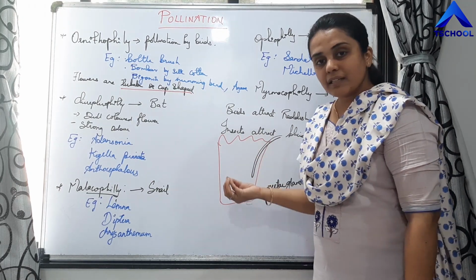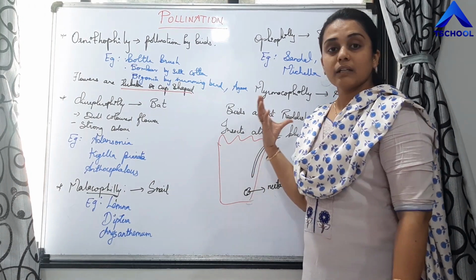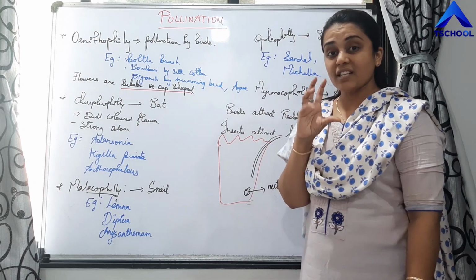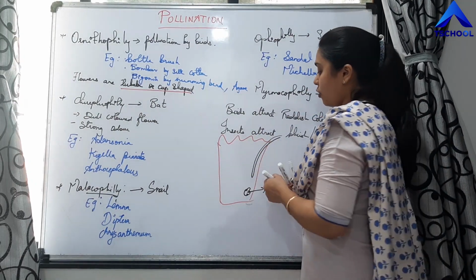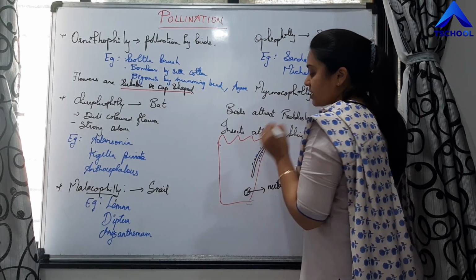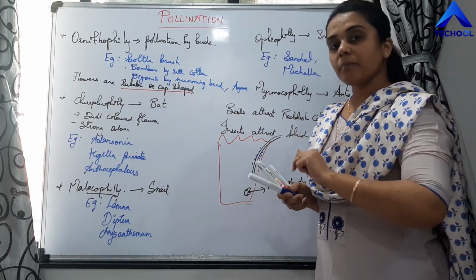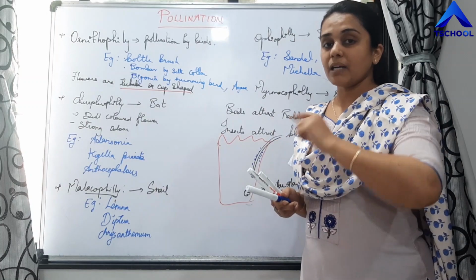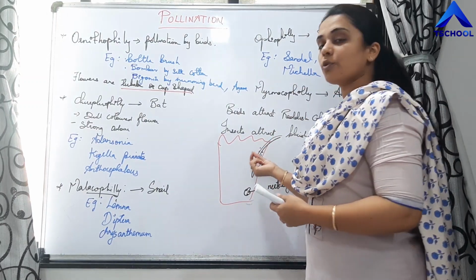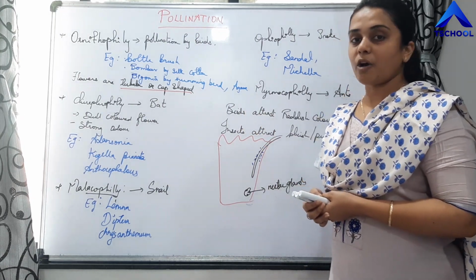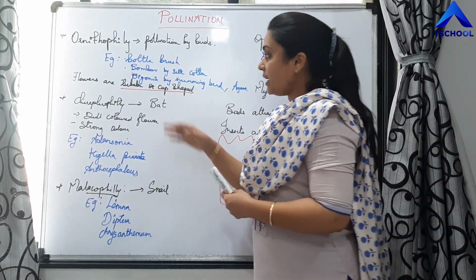At that time, the pollen grains, which are sticky in nature, will stick to the beak of the birds. When the same bird goes to some other flower and again searches for the nectar gland, these pollen grains will fall on the stigma of the other flower, right?